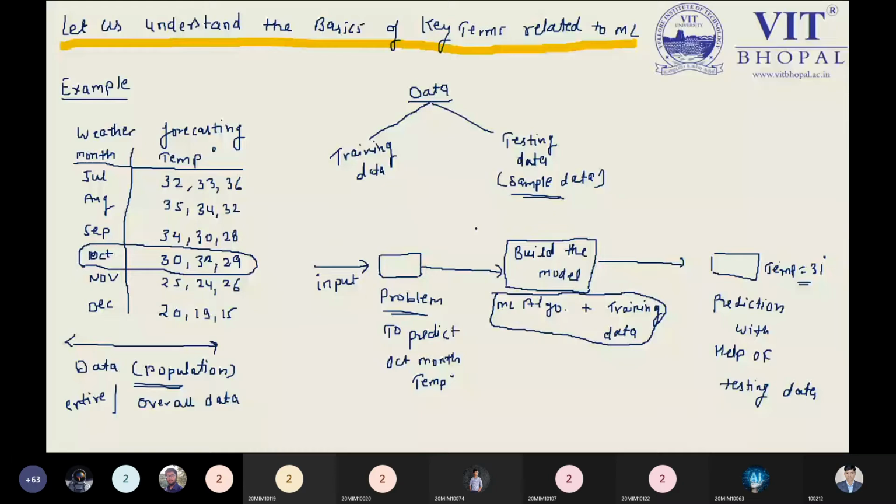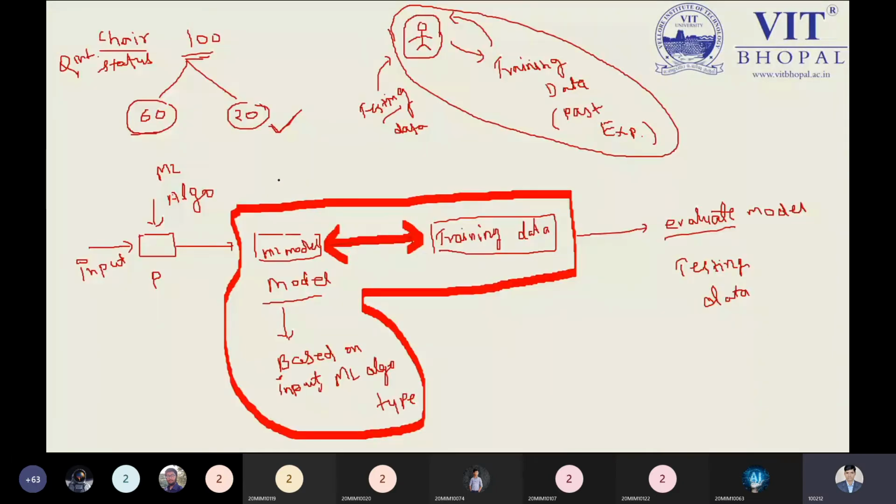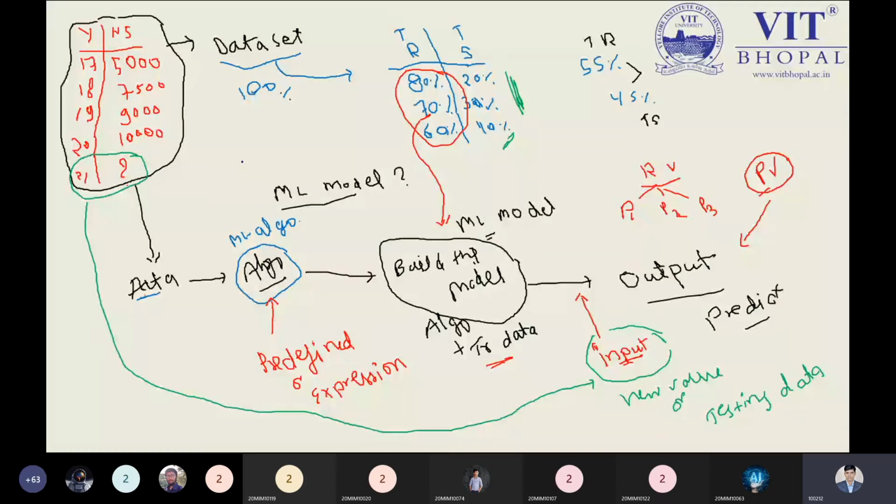This same example I have explained to the others with the help of the chair quality status. This was another example I explained in the previous slot, showing how the machine learning model will work. It is the same example, so I will not remove this slide. If you want to learn from this slide, you can.